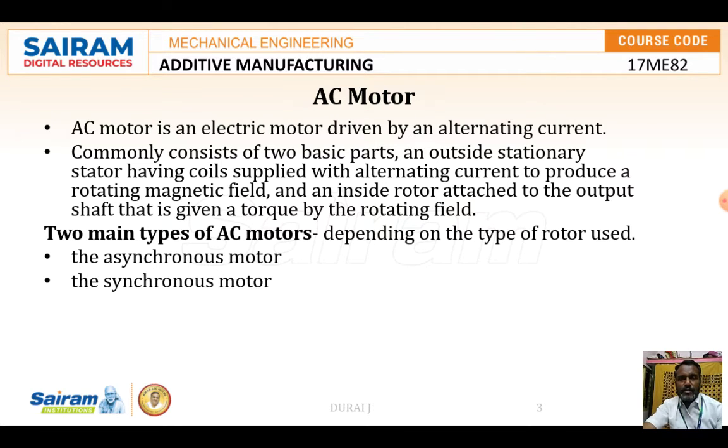The AC motor commonly consists of two basic parts: an outside stationary stator having coils supplied with alternating current to produce a rotating magnetic field, and an inside rotor attached to the output shaft producing a second rotating magnetic field. The AC motor is classified into the asynchronous motor and the synchronous motor.